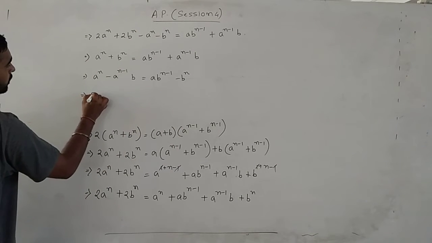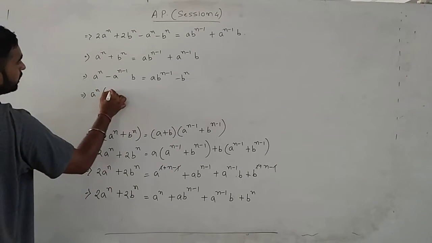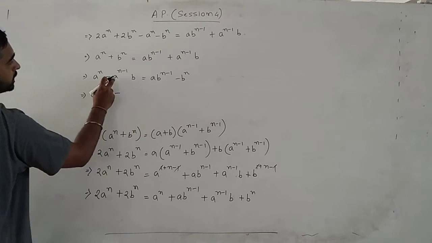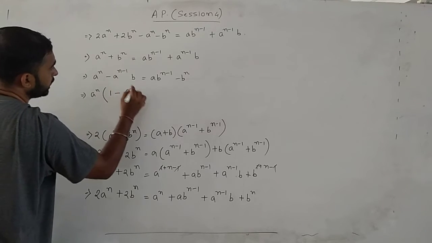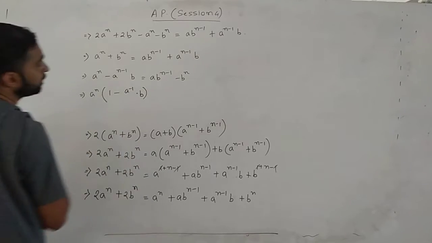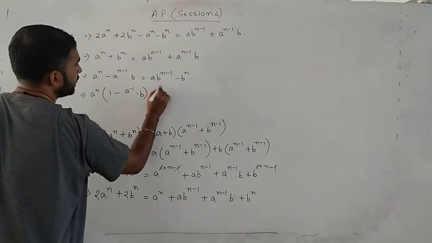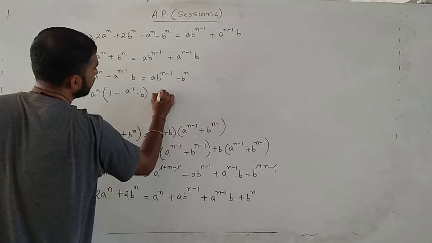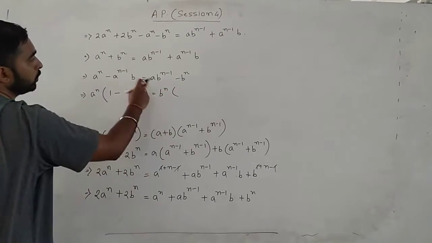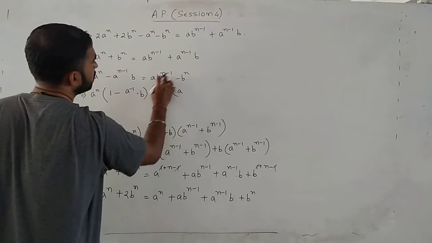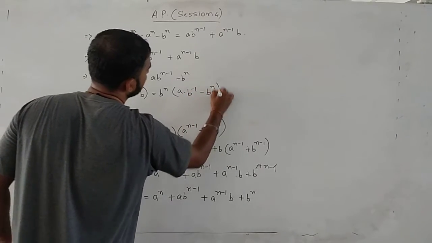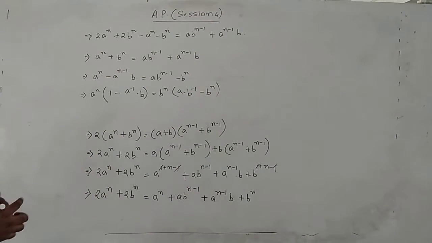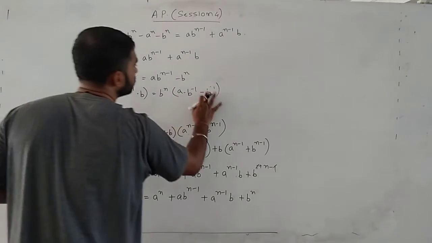So here a to the power n is common. Here what is left? 1 minus a inverse into b. And here b to the power n is common. So here what is left out? a b to the power minus 1 minus 1, sorry, minus 1.